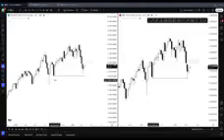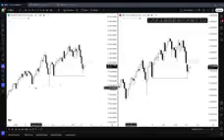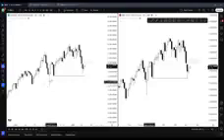And let me say that again. So even though my long-term drawn liquidity was still lower, and the overall expectation remained bearish on this higher time frame, this divergence right here gave me a short-term context to expect a retracement first.